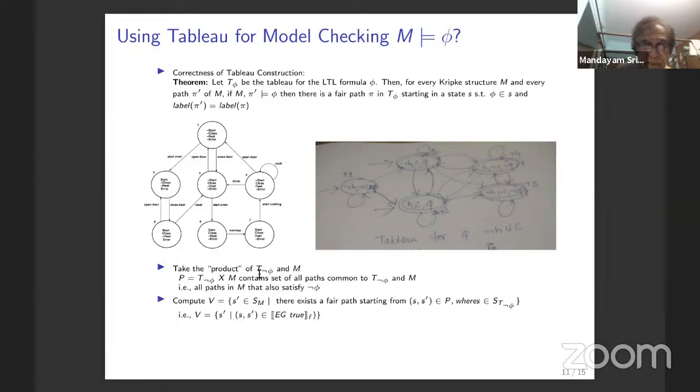Here the product's first component is the tableau, T of not phi, and the second component is M, the machine for which you want to check the property. So you just take all states here from which there are fair paths containing not phi in this case, and you take the second component.